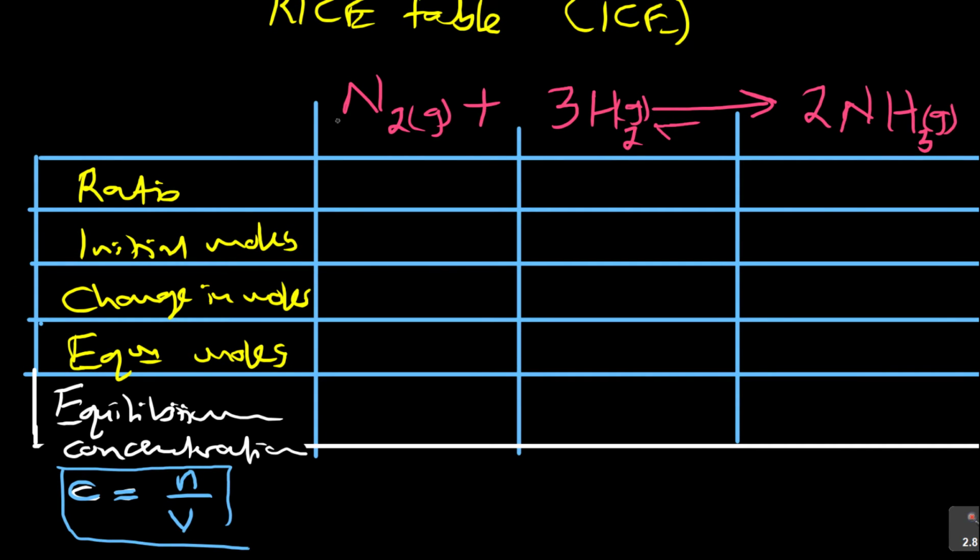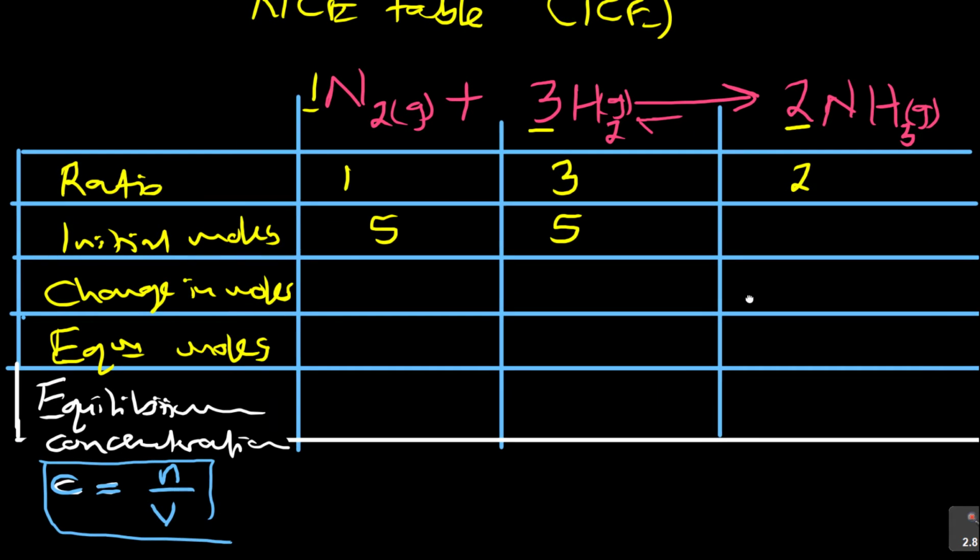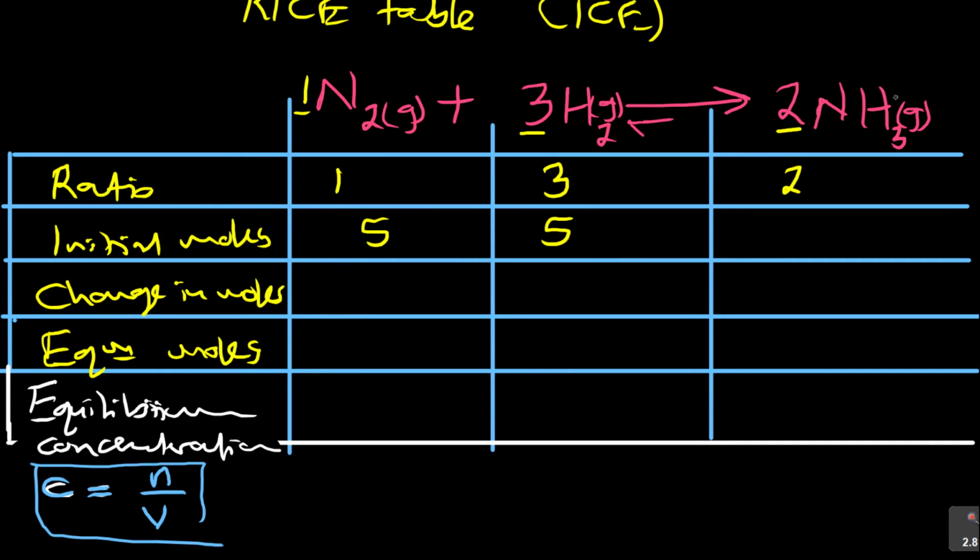I must put the ratio first, but initial moles, we put 5 and 5. But let's come to the ratio. What is the ratio? There is 1 hidden there, so it's 1 is to 3 is to 2. Look at the numbers. There is a 2, there is a 3, there is a 1. Those are the ratios. Initial moles, 5 moles, 5 moles. But look guys, at the beginning, you can't tell me that when you start a reaction already you have ammonia.